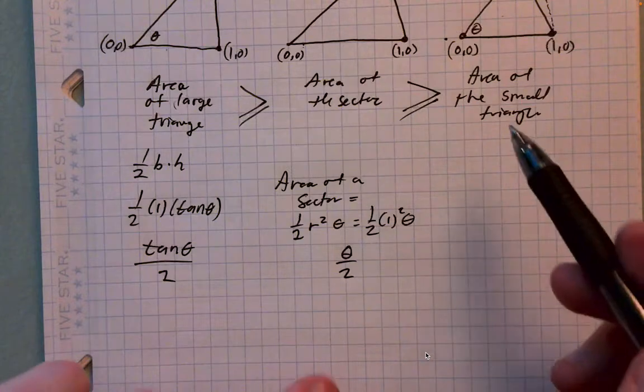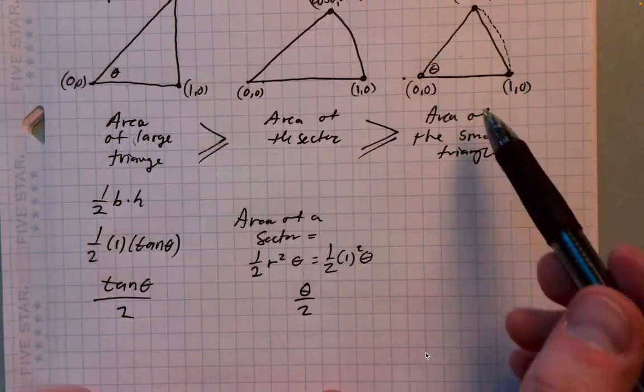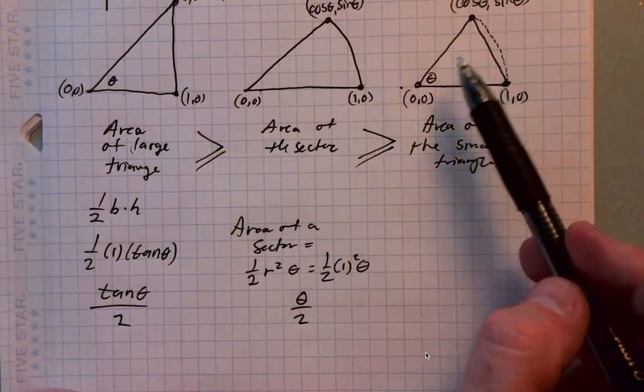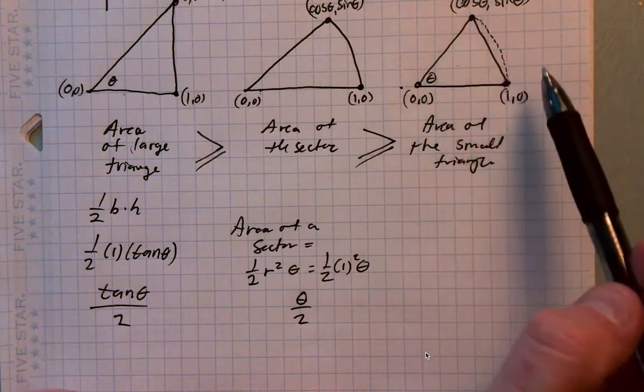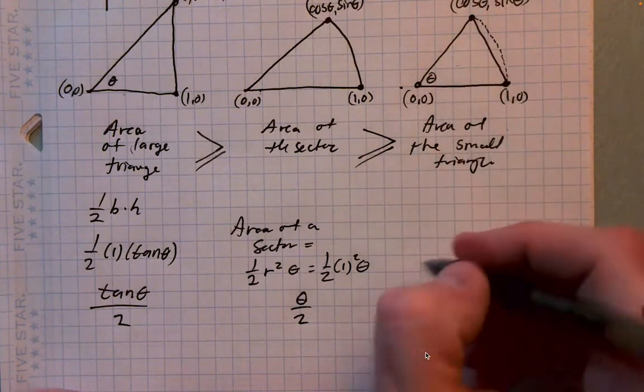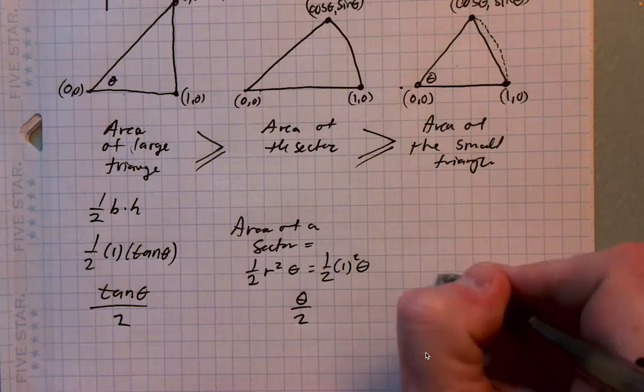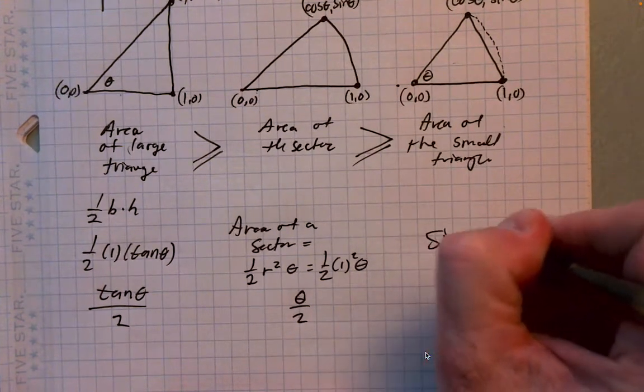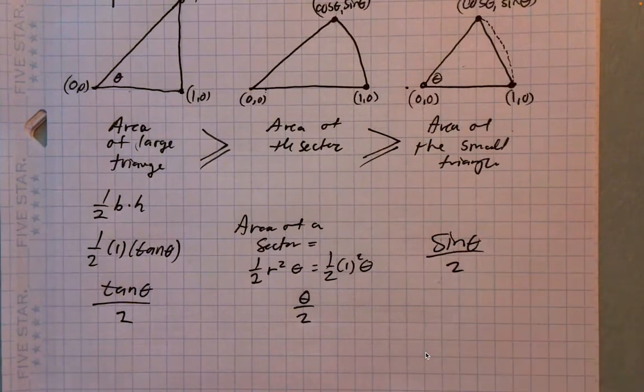And then over here, this is the small triangle, and the area here is sine of theta over 2.